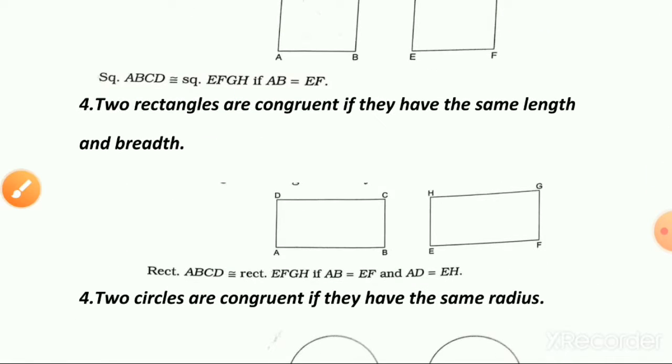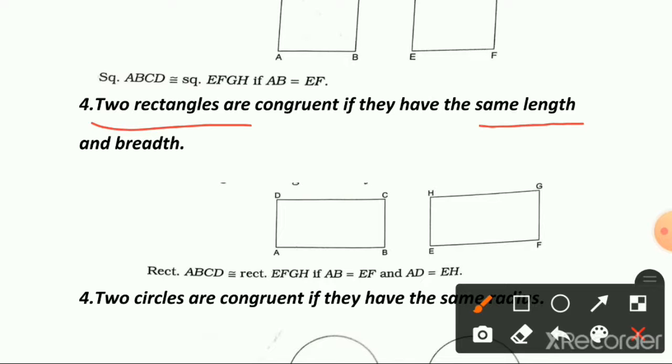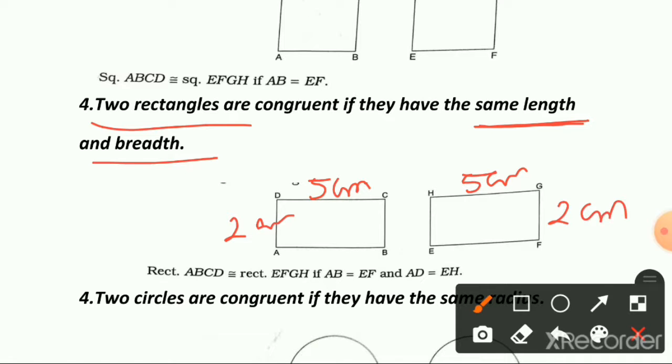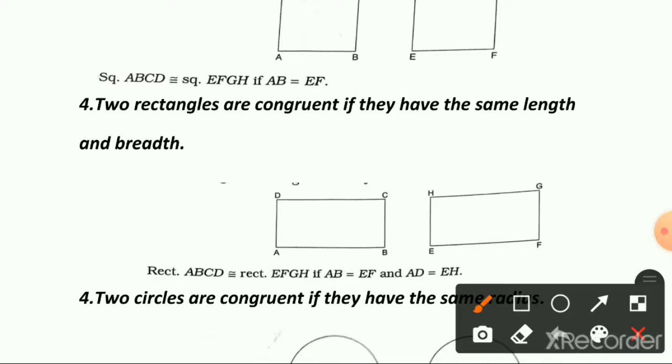We can look at rectangles also. We know a rectangle has length and breadth. So if the corresponding length is equal, like if its length is 5 centimeter, then the other must be 5, and if the breadth is 2 centimeter, then the other will be 2 centimeter. One more thing I want to share. Suppose, children, I have one rectangle of this type and one rectangle of this type, but the lengths are the same.